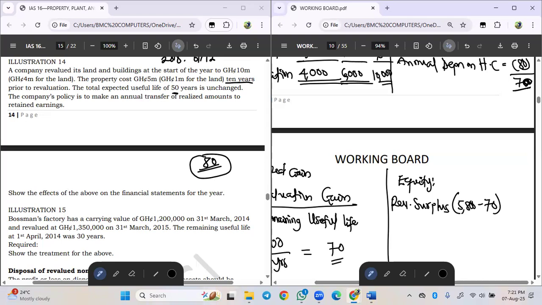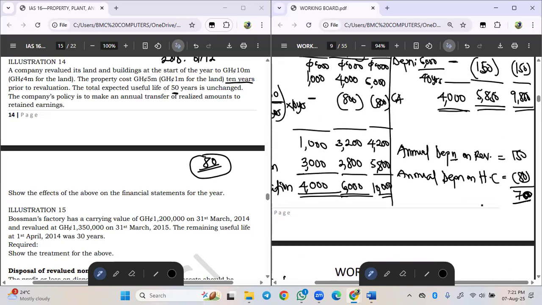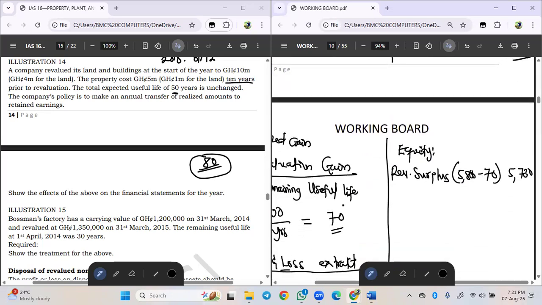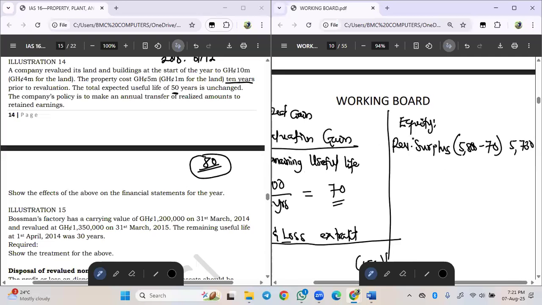I think this one will be 5,730. Please, is it 5,800? Okay, I've seen it. Yes, minus the realized gain. Then the 70 will be shown as retained earnings. So if you have retained earnings in the question, you just write retained earnings 70.